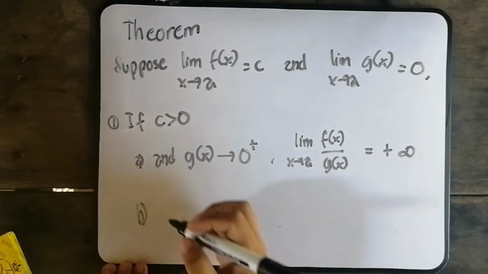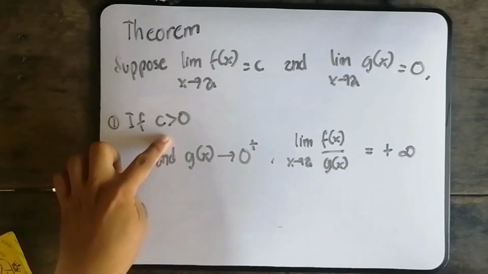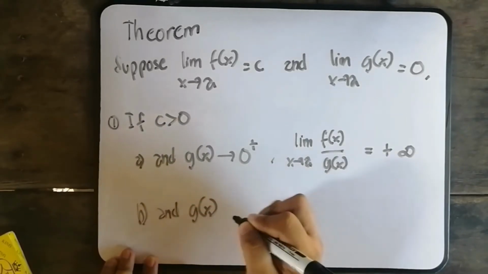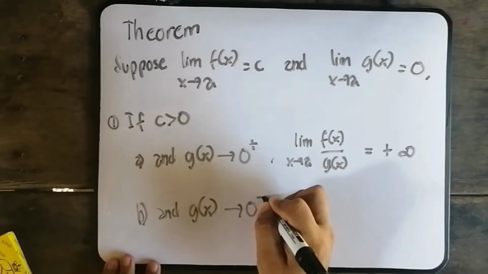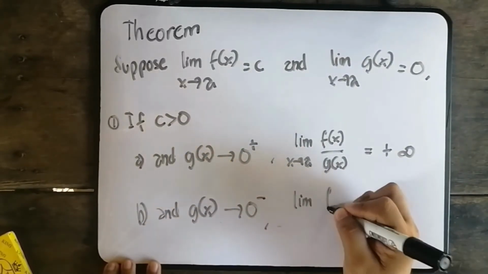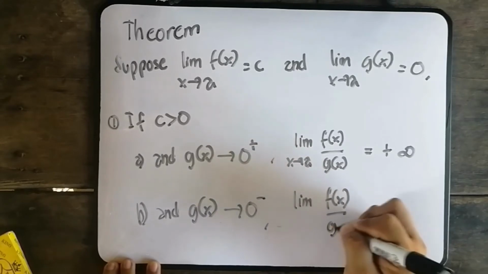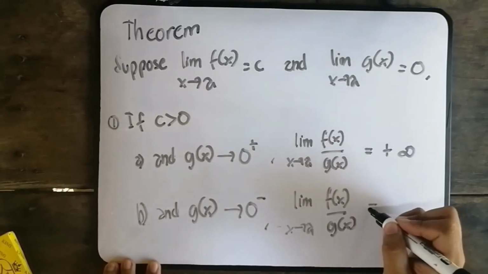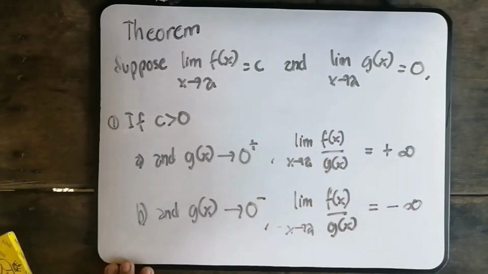However, if c is greater than 0, but our g of x approaches 0 passing through the negative values, then the limit of f of x over g of x as x approaches a is equal to negative infinity.